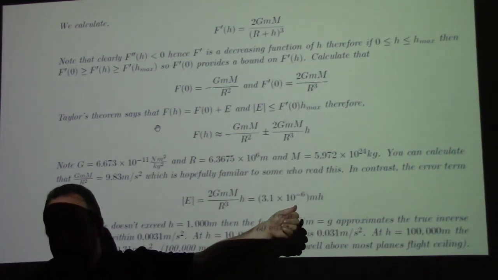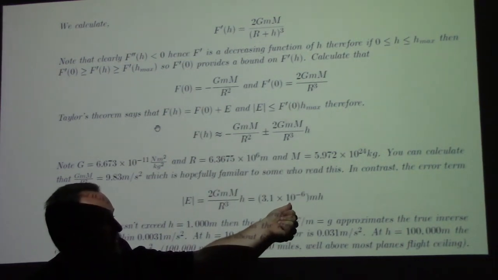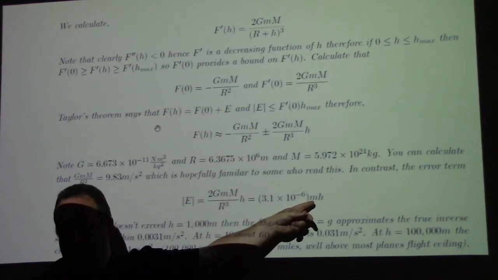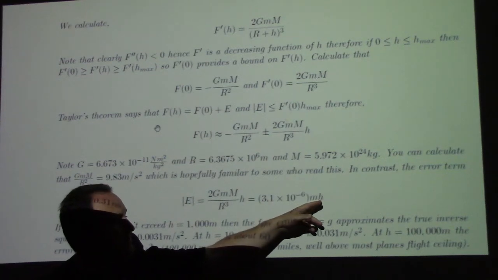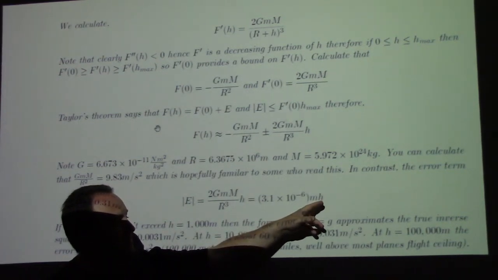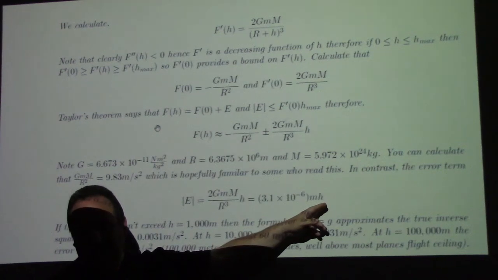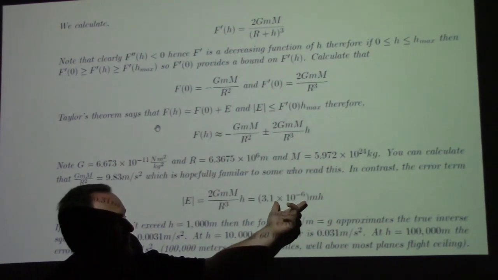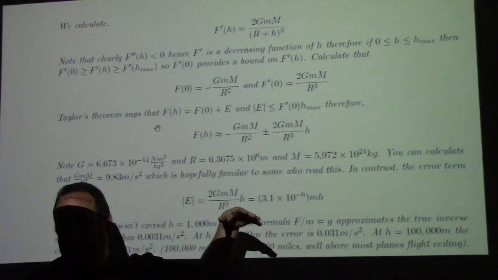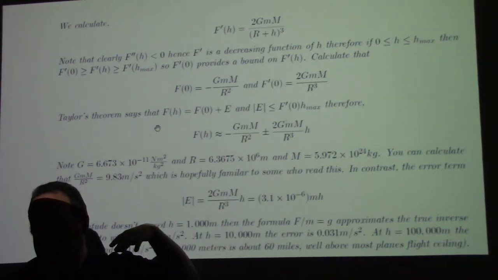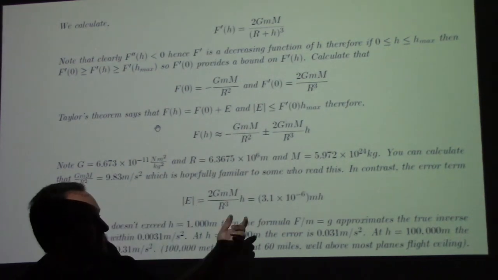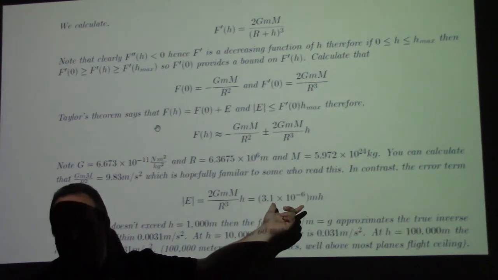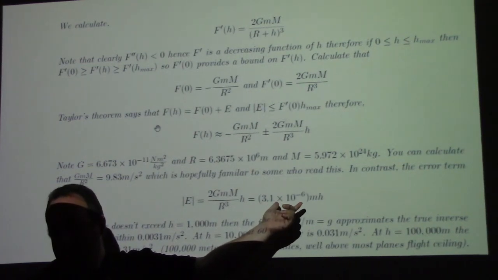So if your mass is like 100 kilograms and your altitude is less than, say, a kilometer or even 10 kilometers, this is pretty small. But if you get up to like 100,000 kilometers, where really high-flying jets get to, you actually start to get maybe like 0.1 meters per second squared or something like that off.